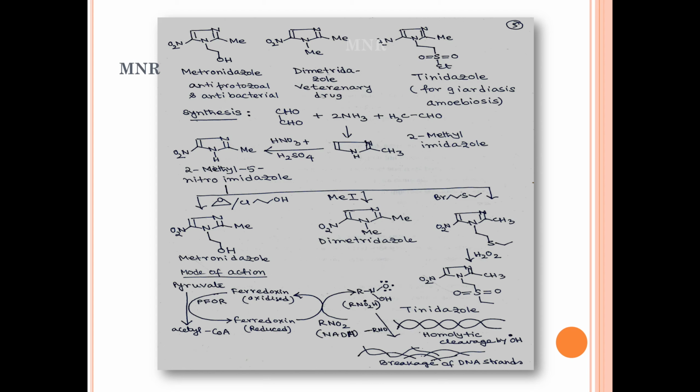Now there will be a common synthesis of this skeleton, and at the last we will use three different alkylating agents to get metronidazole, dimetridazole, and tinidazole. Let us consider glyoxal, CHO-CHO, plus two molecules of ammonia, because there are two nitrogens in these molecules, and acetaldehyde.